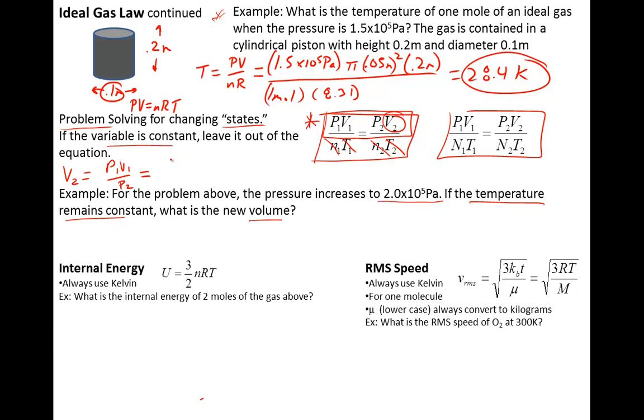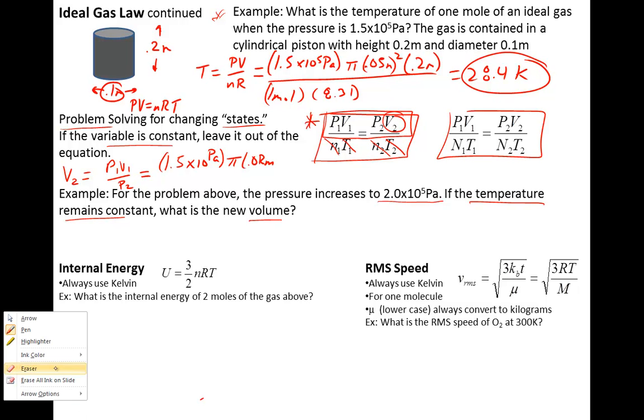In which case, we would get 1.5 times 10 to the 5th pascals times our volume again, which we said was pi r squared. Let me erase that.